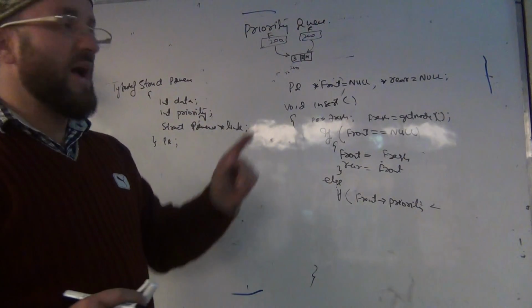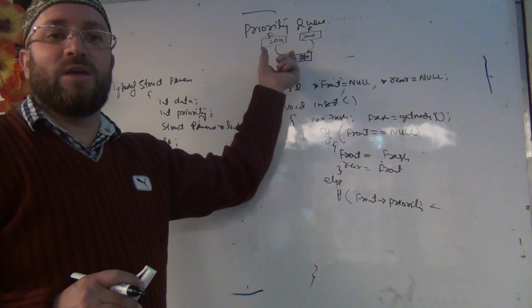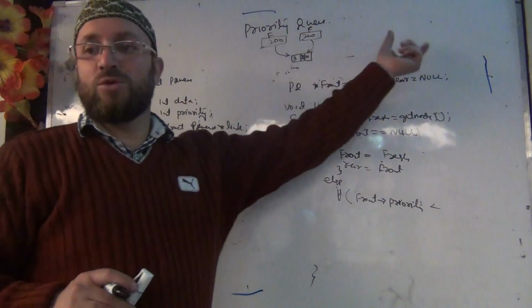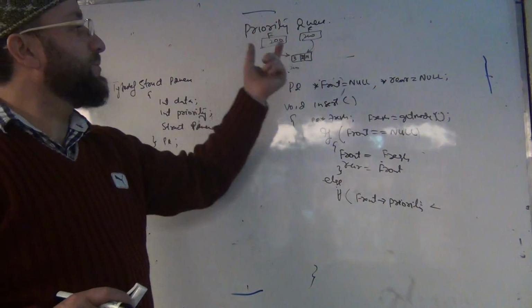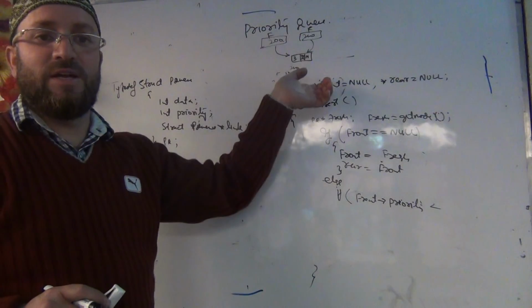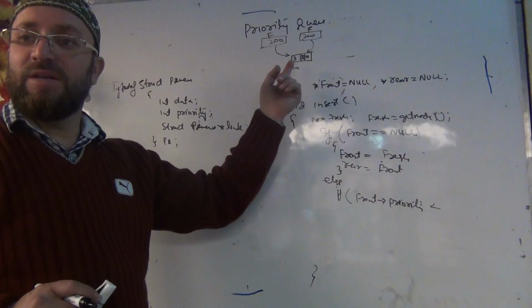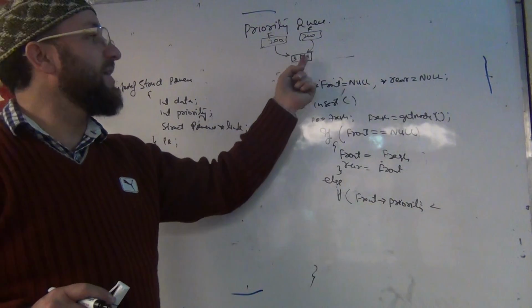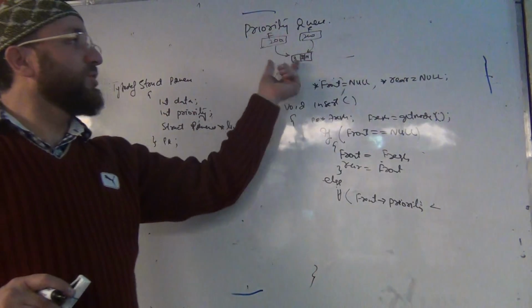I can also say a rear arrow priority if it is only one node, but that may not be the case. For example, there may be other nodes also. Rear may be pointing to the last node. Front is pointing to the first node. I am interested only in the first side, not the rear side. In this case, front arrow priority and rear arrow priority are the same, but it will be only this case. If we have 5 nodes, then rear will be pointing to the last node, front is pointing to this.